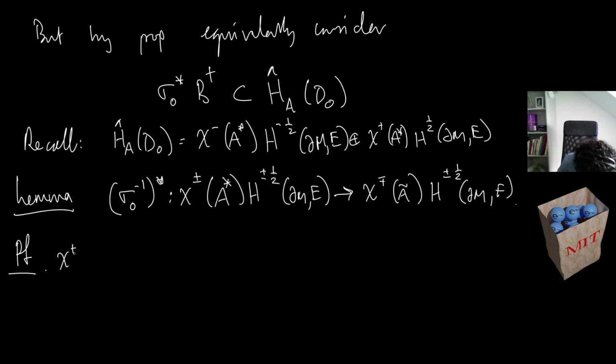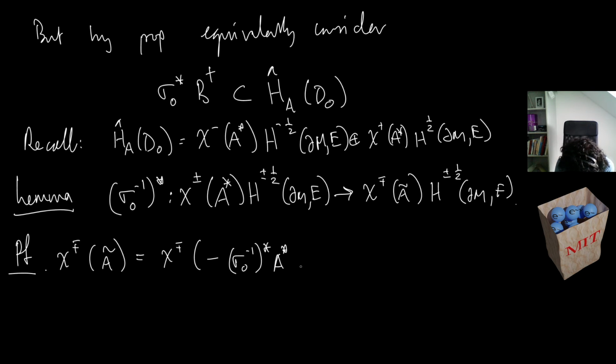So let's look at what the spectral projectors are, right? So, okay, chi minus plus A tilde. So remember what the A tilde was. The A tilde was negative sigma naught inverse star A adjoint sigma naught star.